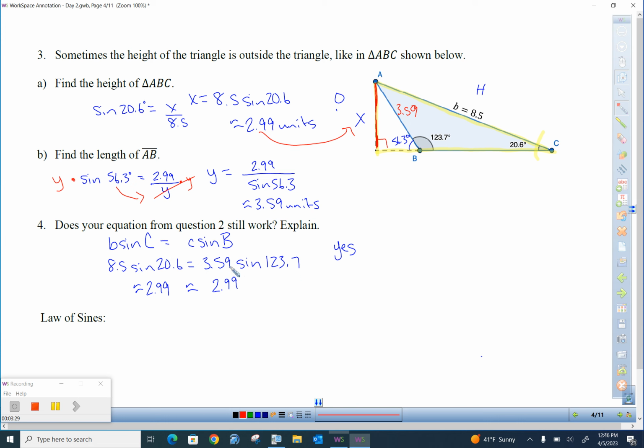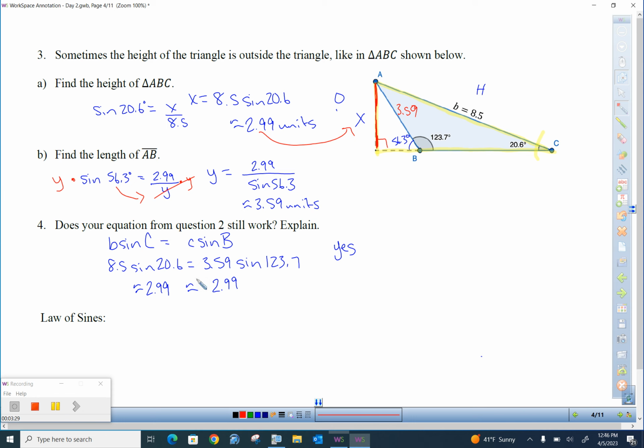And on the other side, you have to use these 2 numbers. You can't use the 90 and that other value that we solved for. This C is the side across from this angle on the triangle, not the height, so 3.59. And then it was sine of that 123.7. And those were approximately equal. They weren't perfect because we have some rounding error as we went through here, but they are equivalent.